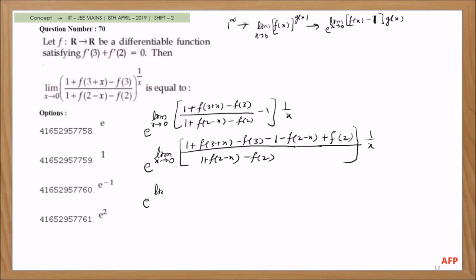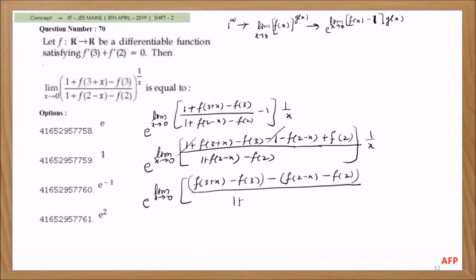So e to the limit of x tends to 0, so minus 1 plus 1 gets cancelled. I can write it as f of 3 plus x minus f of 3, so minus if you take common, f of 2 minus x minus f of 2, so here both you have whole divided by the denominator, as it is, 1 upon x.